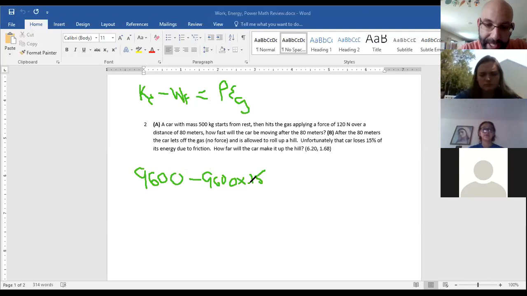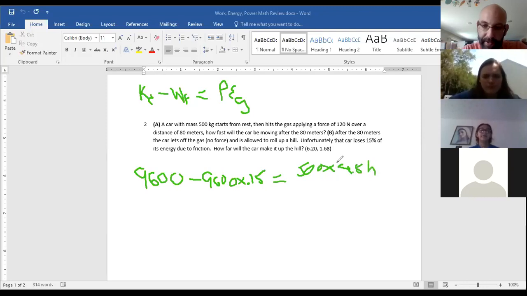That's 15% of 9,600. We're going to remove that, and we're going to set that equal to PEG, potential energy due to gravity, mg h. So 509.8 times h.